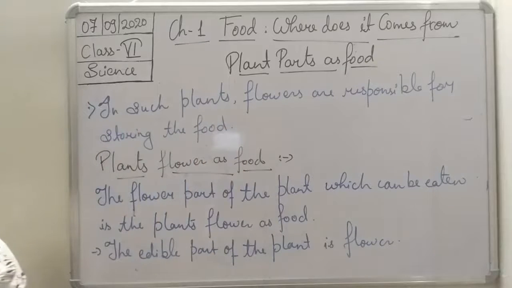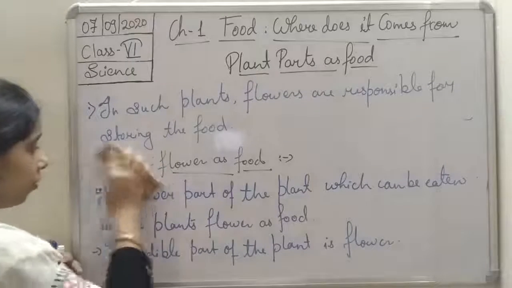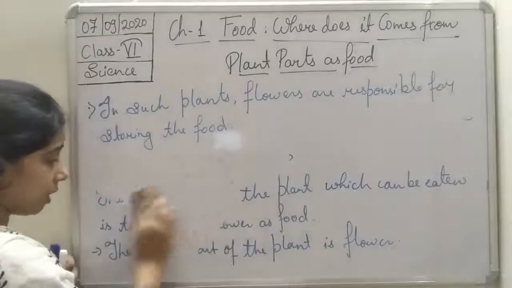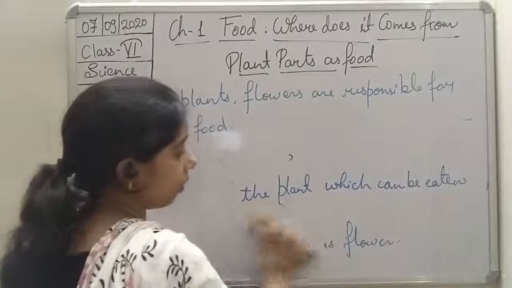Okay. What are the different examples, students? So you see the flower of the banana. Okay. So examples of the plants in which the edible portion is the flower, student. So you see the banana flowers.